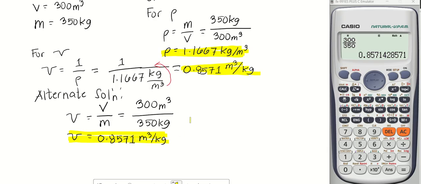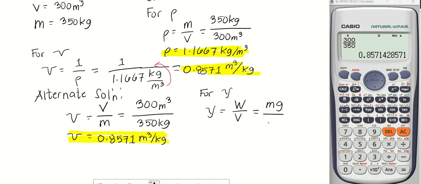The next one is the specific weight. For the specific weight, we have the formula of weight over volume. In this case, we don't have the given weight, but we have the given mass. So we will use mass instead, by having mass times gravity.